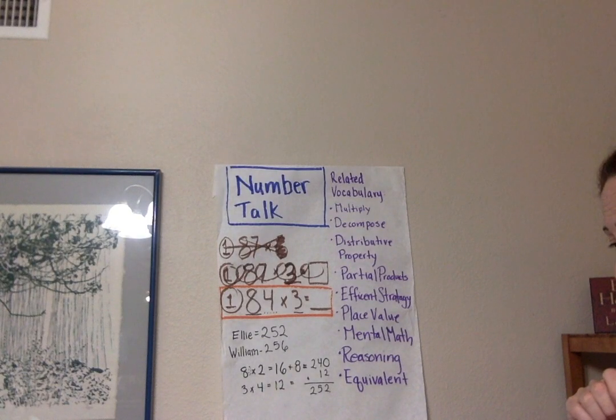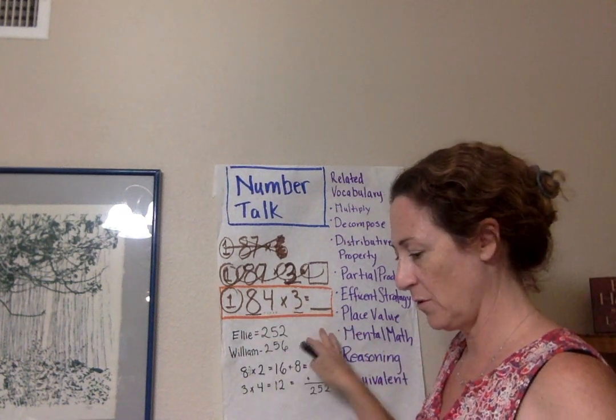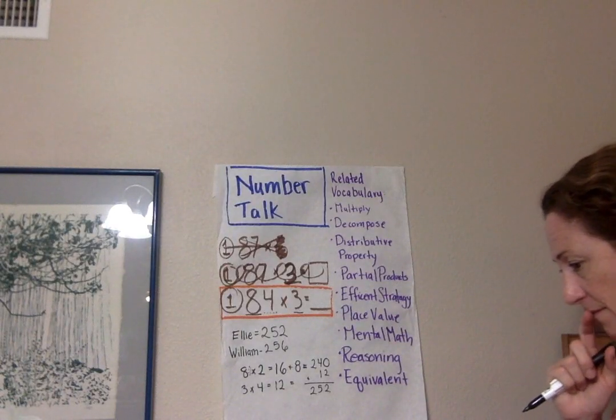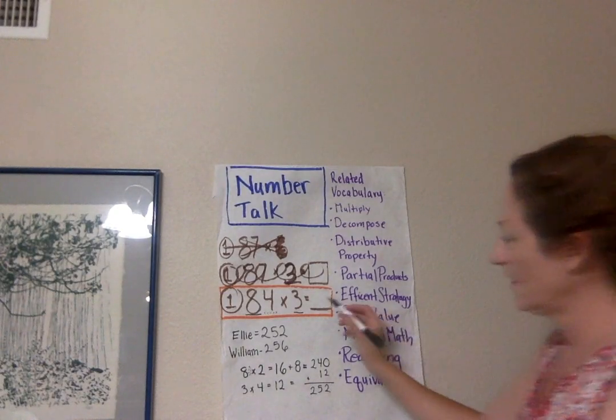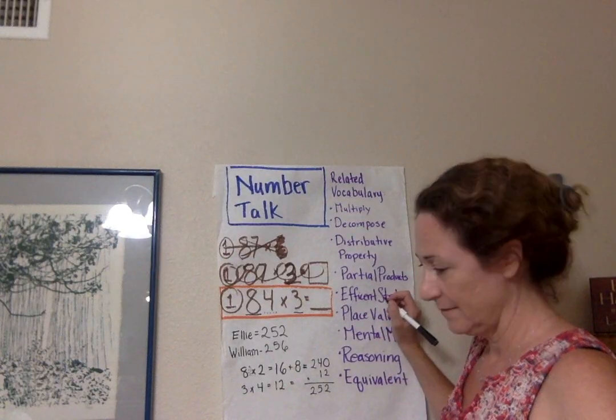What made this problem easier or harder to solve mentally? What about this problem makes it easy? And what about this problem makes it difficult, William? The thing that makes it hard is that it's an odd number that you're multiplying it by, 3.